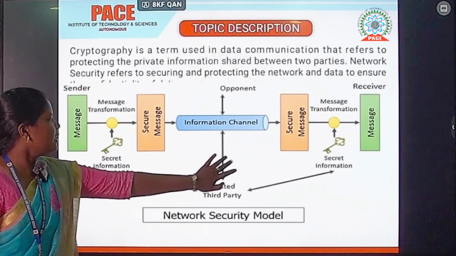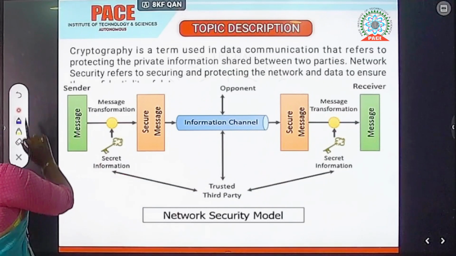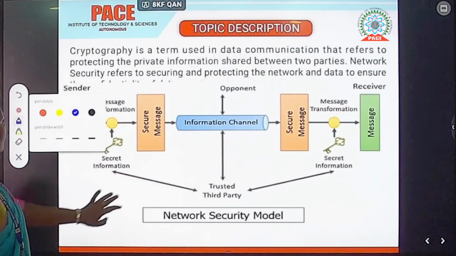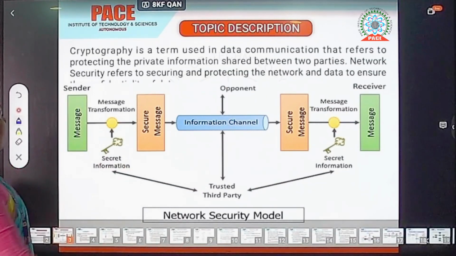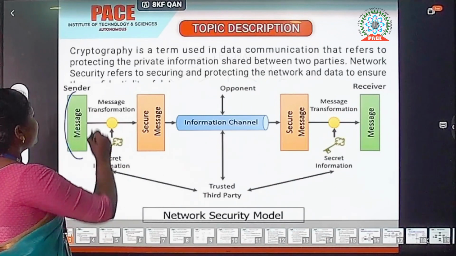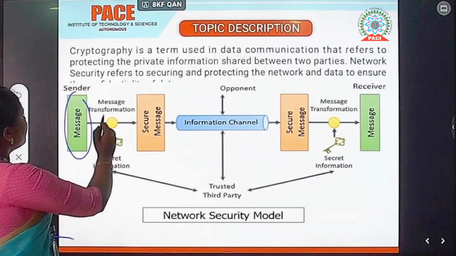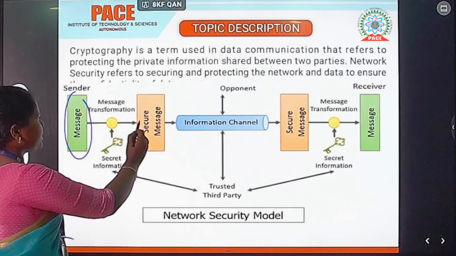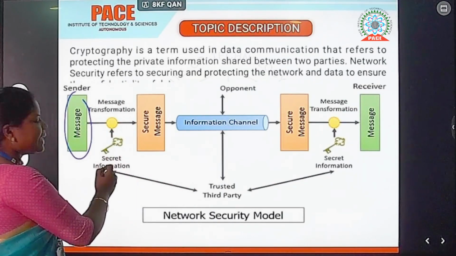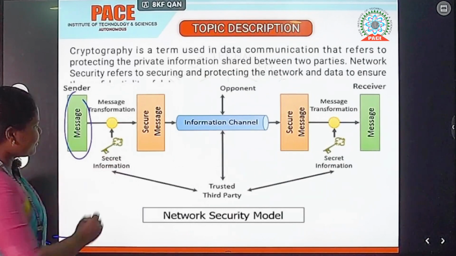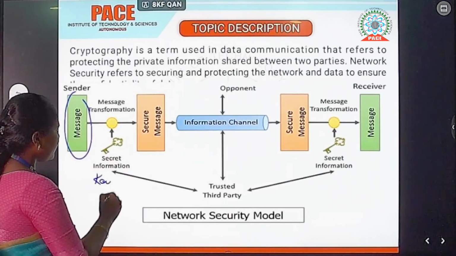The message transformation is done by using the secret information, nothing but a key.